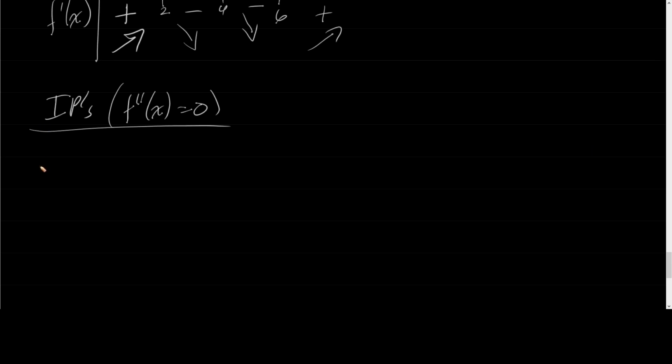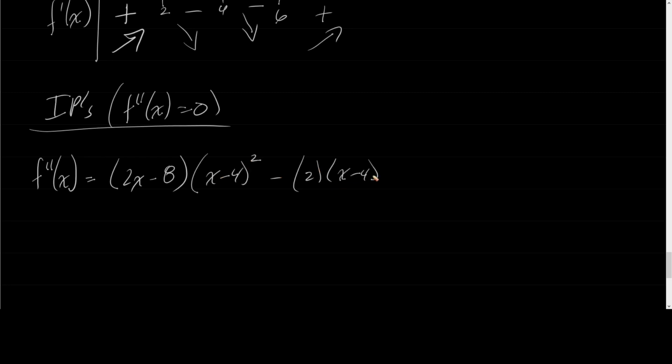So in here, f double prime of x is going to be the derivative of the numerator. We just said it was x squared minus 8x minus 12. The derivative is 2x minus 8. So that's the derivative of the top times the bottom. The bottom was (x minus 4) squared, minus the derivative of the bottom, 2 times (x minus 4) times 1, and then that times the top, which was x squared minus 8x plus 12.